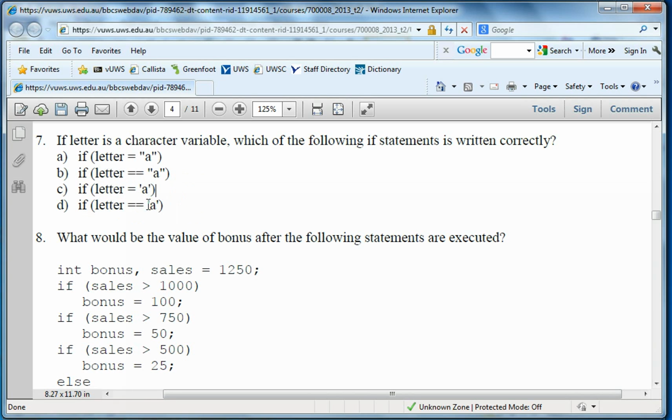Okay, this is comparing. Is this saying is it equal to a? Does letter contain a? And if it does, that becomes true. Okay, so this is the correct answer. This is double equal. That was an easy question as well.